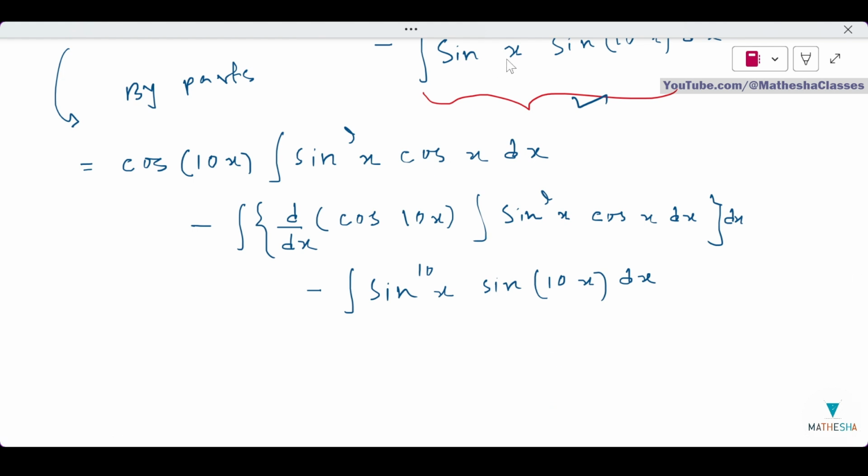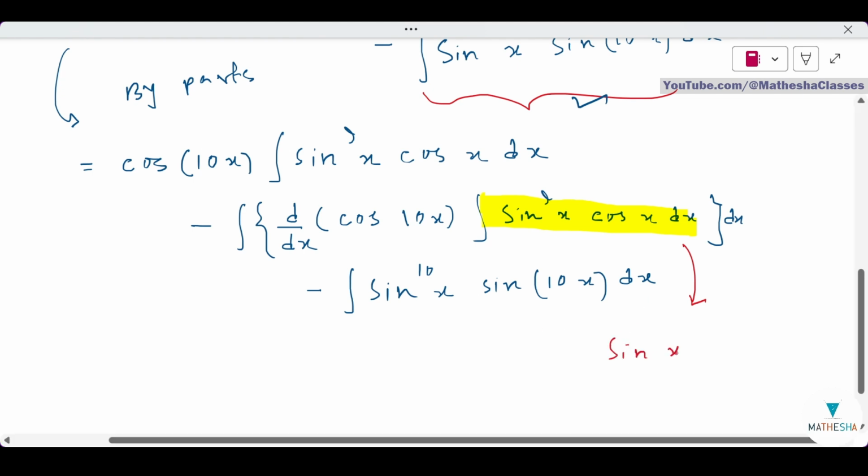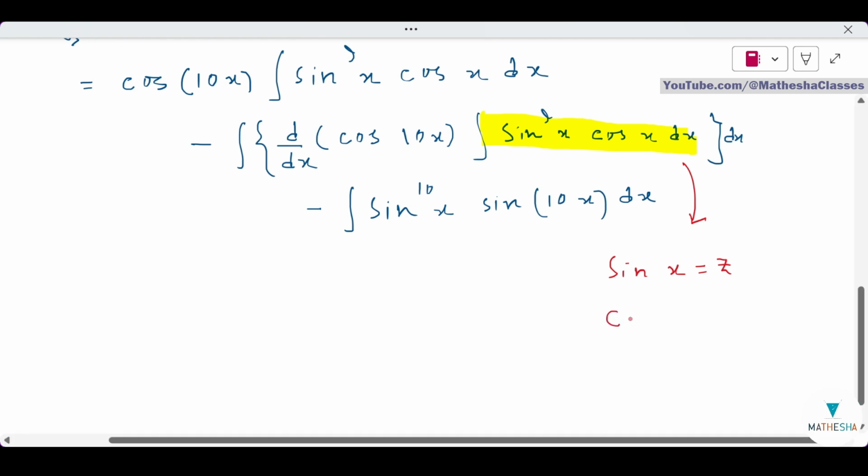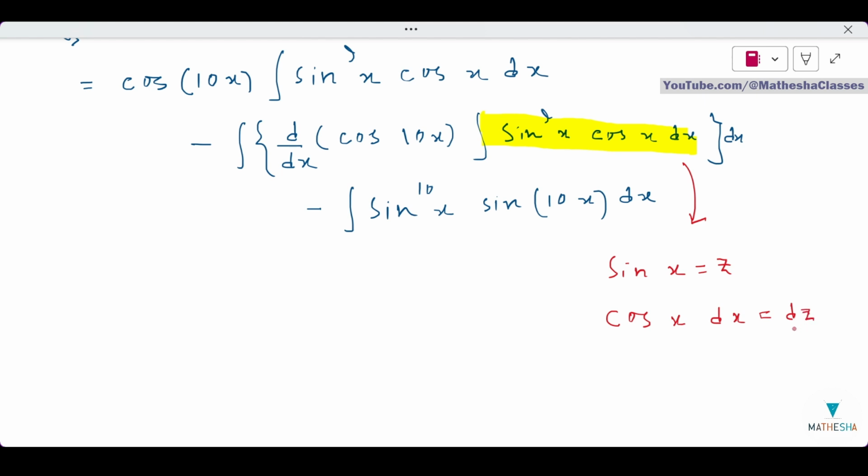So next we'll calculate this integration. So to calculate that, what we'll be doing, we'll take sine x to be z. So by differentiating with respect to x, we can see that cos x dx is equal to dz.